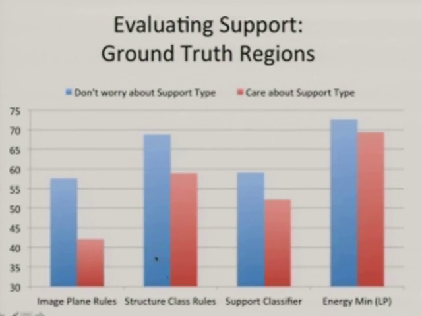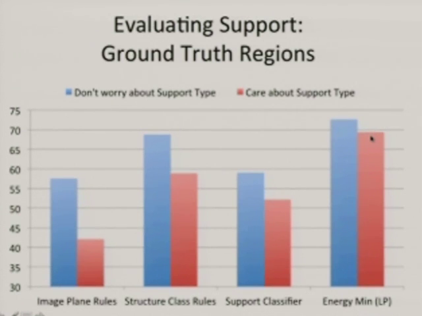This one here just uses the local information in our cost function and doesn't use the priors. So you can see it does pretty well if you don't care about the type of support, but if you do care about it, the performance drops. But once you bring in the priors, which do this more long-range reasoning, then you do see a reasonably significant jump in performance.